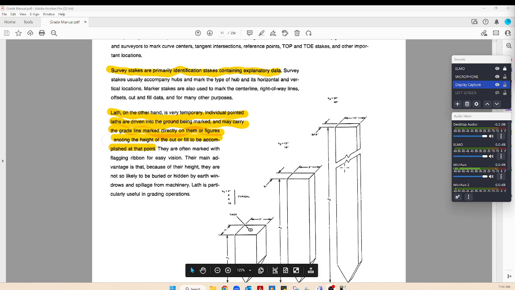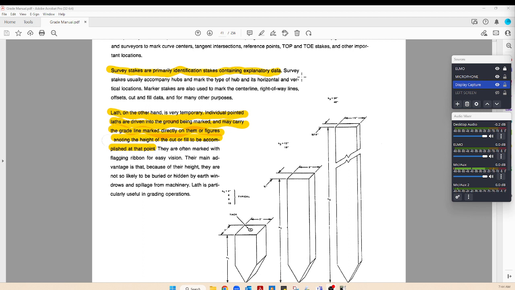There's usually the stake, a lath, and then in front of it is the hub. The hub is the actual reference point both for horizontal and for vertical measurements. In the center of the hub is what's called a survey tack. It's kind of a little hollow tack. So survey stakes are primarily identification stakes containing explanatory data.